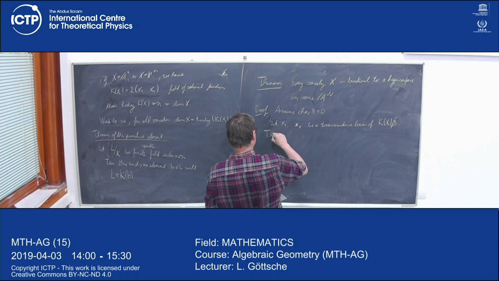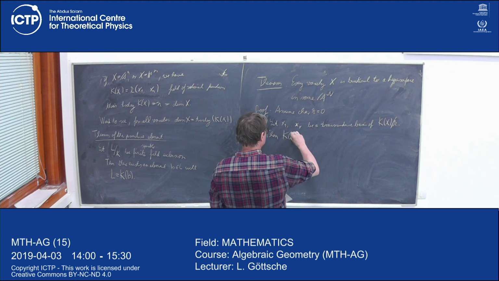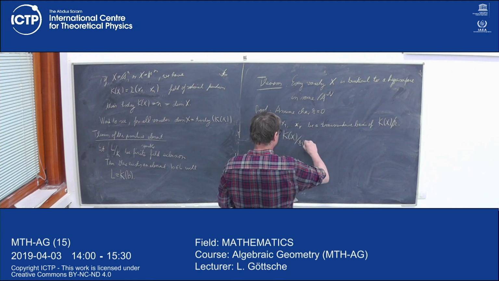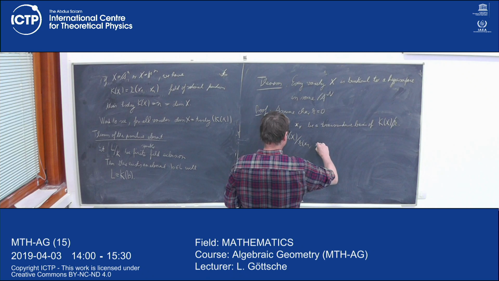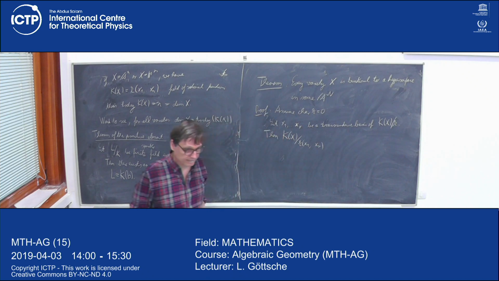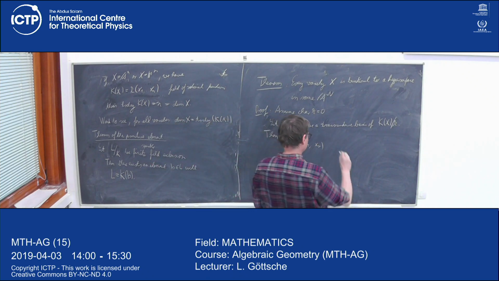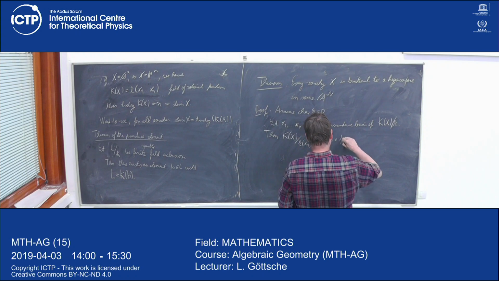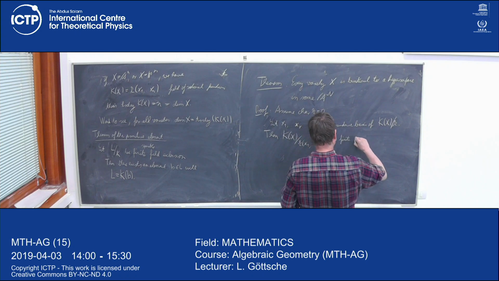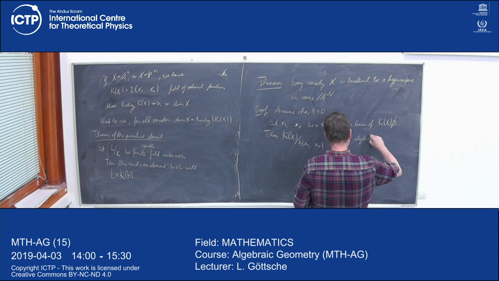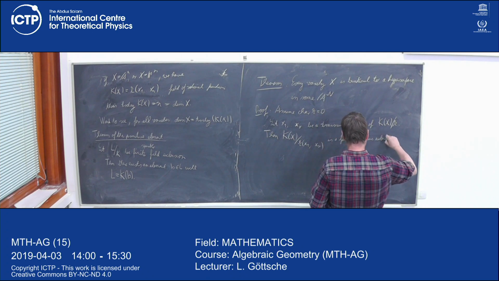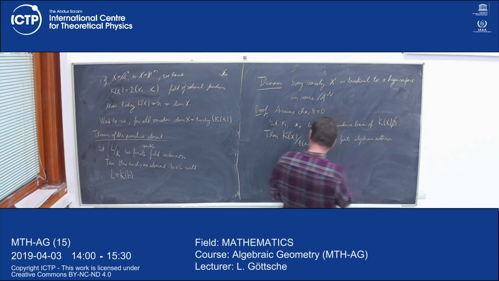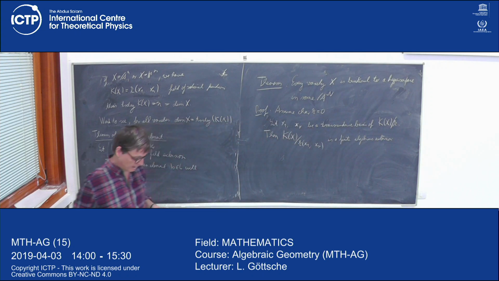Then we have that K(X) over this thing is a finite algebraic extension. So we can apply to it the theorem of the primitive element.